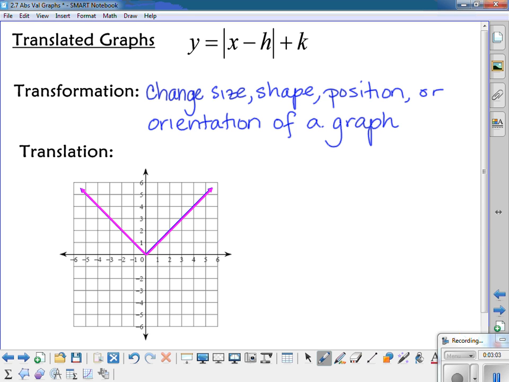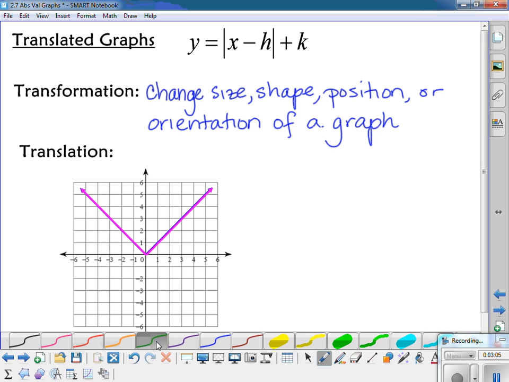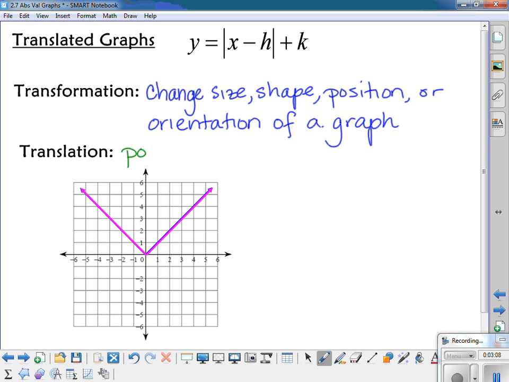A translation is a transformation that affects the position. What it's going to do is either shift it horizontally or vertically or both.